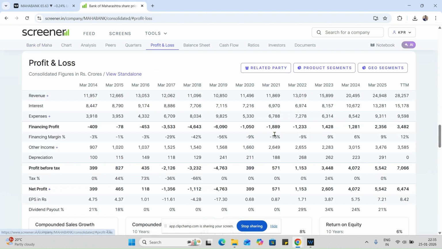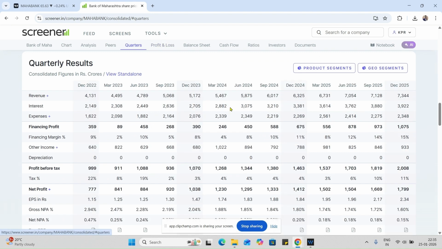And if you see the profit and loss for the last consistent 6 years, year after year there has been an increase in sales, and year after year there has been an increase in profit, at least for the last 5 years. And you go to the quarterly result. The current quarter sales and profit are better than the previous quarter, as well as the year-on-year quarter, that is December 2024. So it ticks all the boxes here basically. So fundamentally also, the stock is strong.